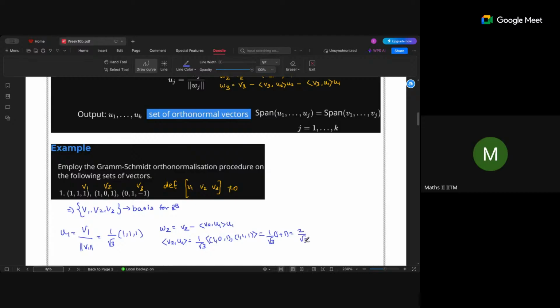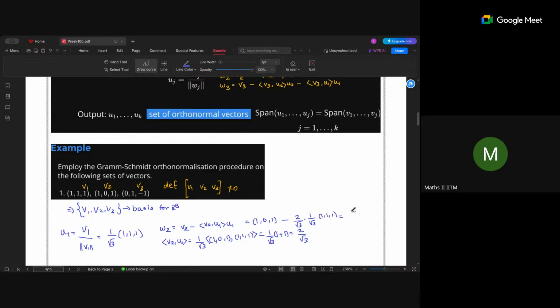So it's 2 by root 3. Am I correct? So we can apply it here: (1, 0, 1) minus 2 by root 3 times u1, and u1 is another 1 by root 3 times (1, 1, 1).